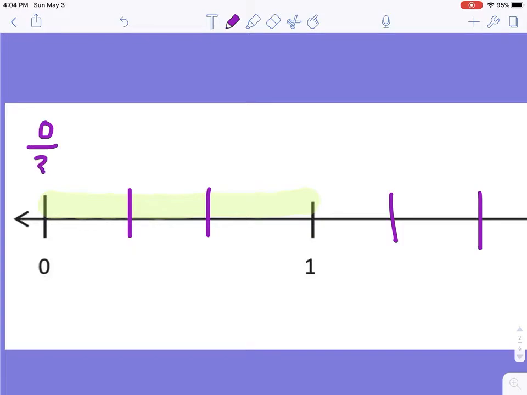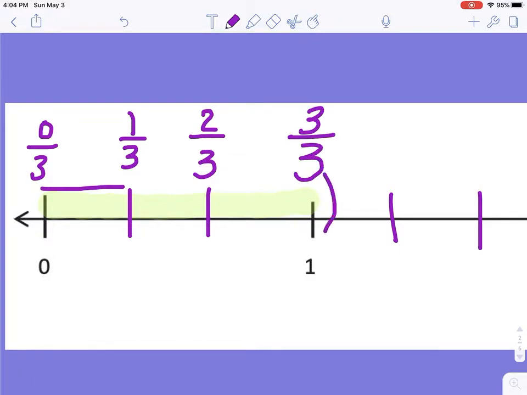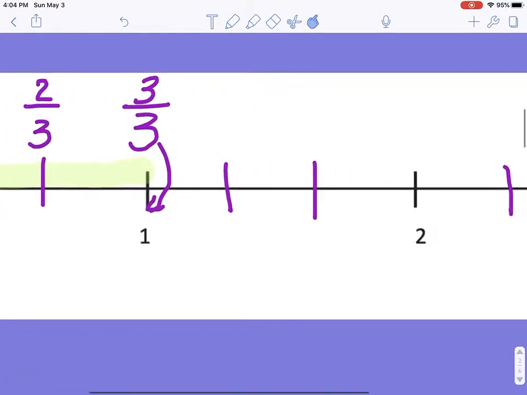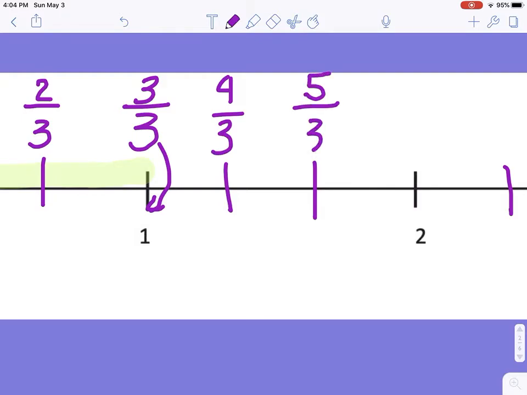0 thirds, 1 third, right? Because I'm thinking the distance from here to here is 1 third. 2 thirds, 3 thirds, which is equivalent to 1 whole, right? Because 3 out of 3 parts that are shaded would be 1 whole. 4 thirds, 5 thirds, 6 thirds, which is also equivalent to 2 wholes, right?